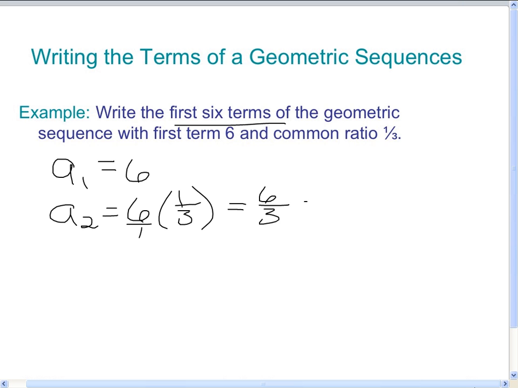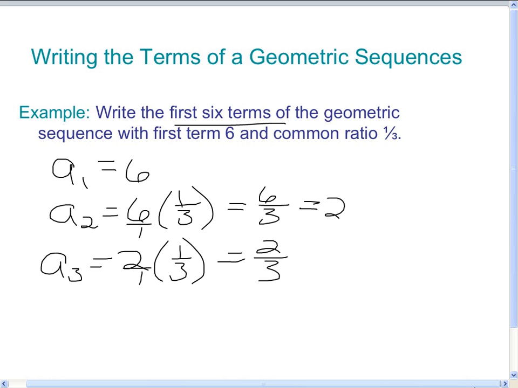6 over 3 is equal to 2. For the third term, I take 2 and multiply by 1/3. I get 2 over 3. The fourth term, 2/3 times 1/3, is 2 over 9. I'm running out of room. Let's see if I can go over here.